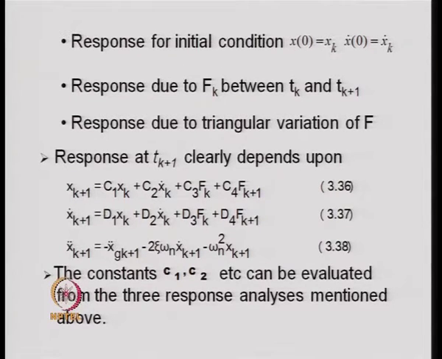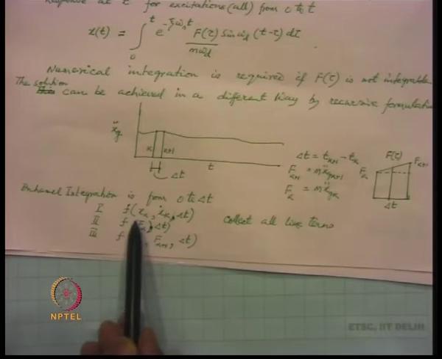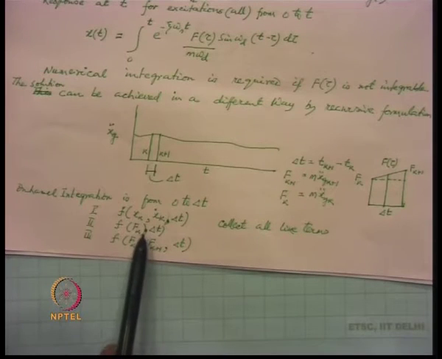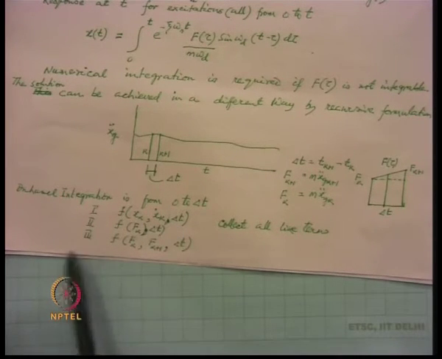Now, we can see that the first part of the solution, that is for the initial condition, will be a function of xk, x dot k and delta t.